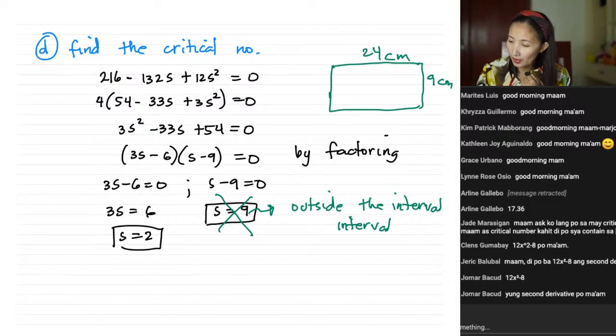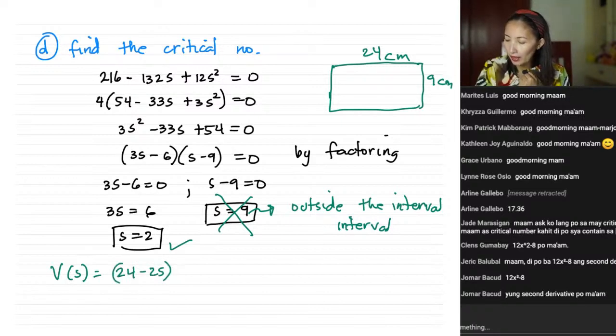Since this is the critical number, now we can find the volume. So volume in terms of s is now equal to 24 minus 2s, remember the formula that we put up a while ago, times 9 minus 2s times s.